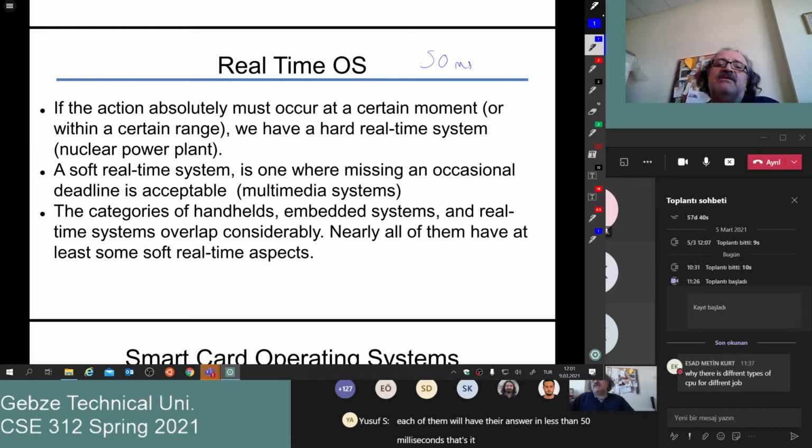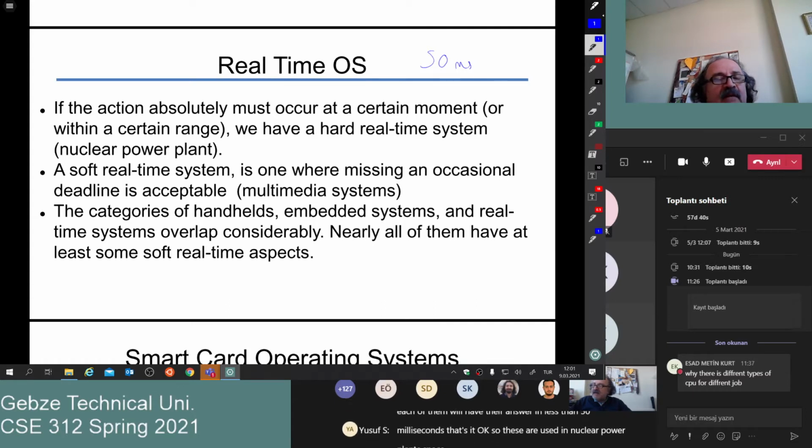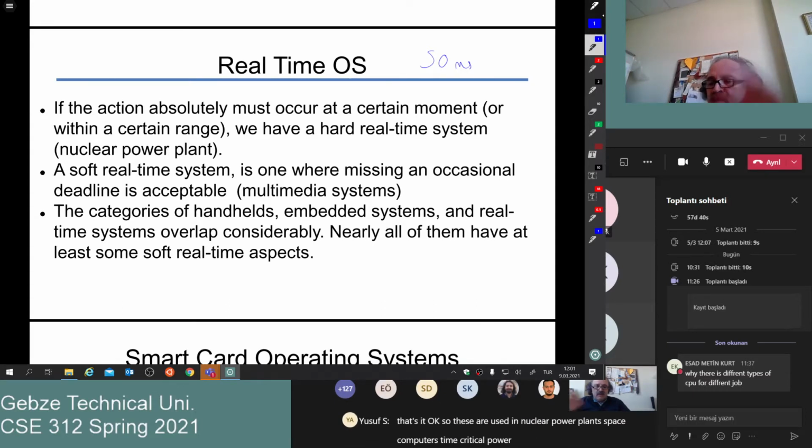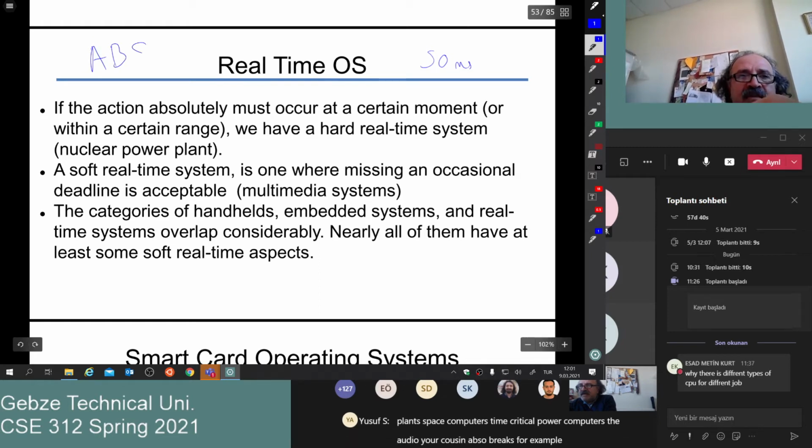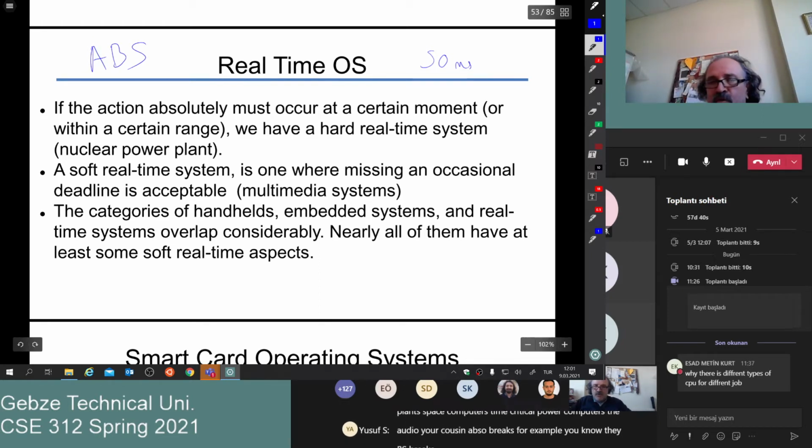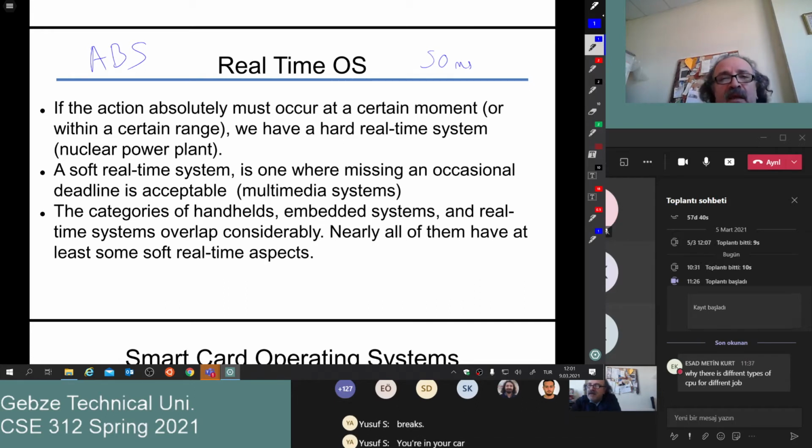Okay, so these are used in nuclear power plants, space computers, time critical computers. Your cars and ABS brakes, for example. You know the ABS brakes in your car. When you hit the brake pedal in your car, there is a computer doing this stuff.